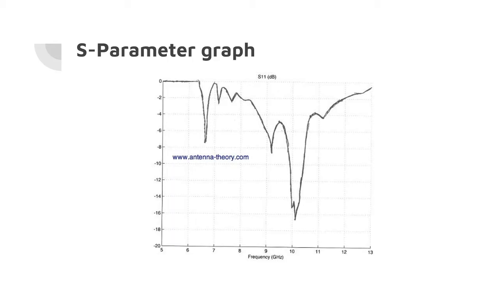We can see that the antenna has a very large drop in S11 around 10 gigahertz. This indicates that most of the power is radiated away at this frequency. The bandwidth of the antenna, if defined as where S11 is less than minus 6 decibels, extends from about 9.7 gigahertz to 10 here, giving a fractional bandwidth of about 8%.